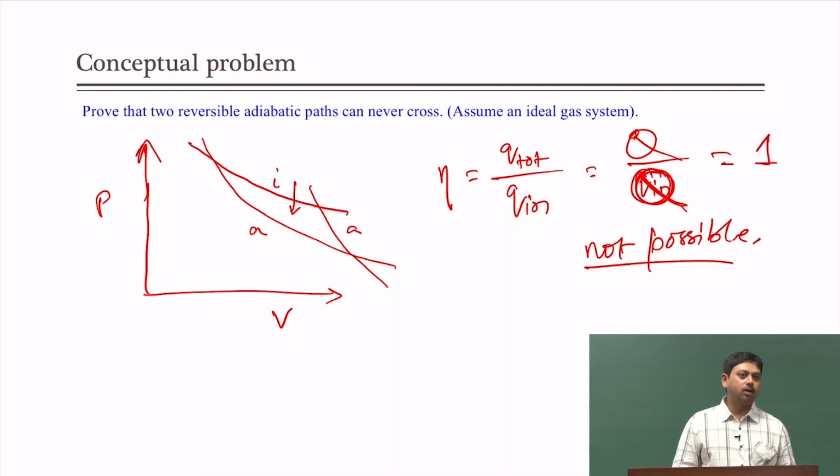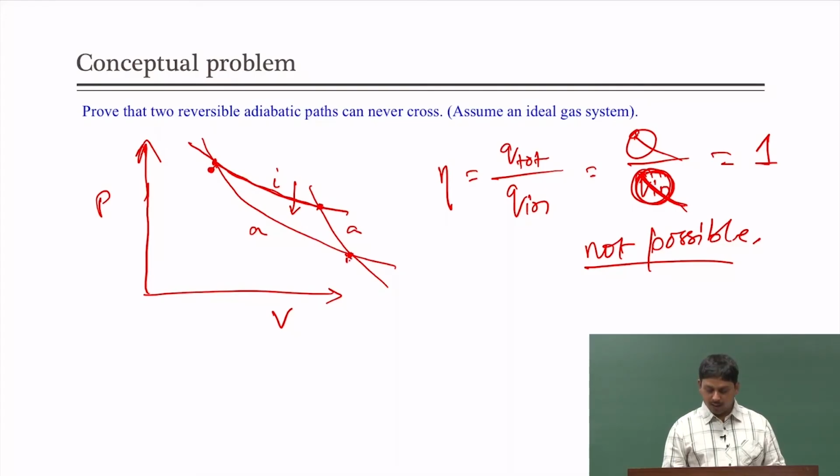For an ideal gas, you can also show that, because if two adiabats cross, then these two will have some relation with T and V, and these two also will have some relation with T and V, and both relations cannot be satisfied because the temperature is the same here. Let us say this volume is V. So, this V and T have some relation, and because the volume is different here, the temperature will be different here compared to here. You are getting my point?